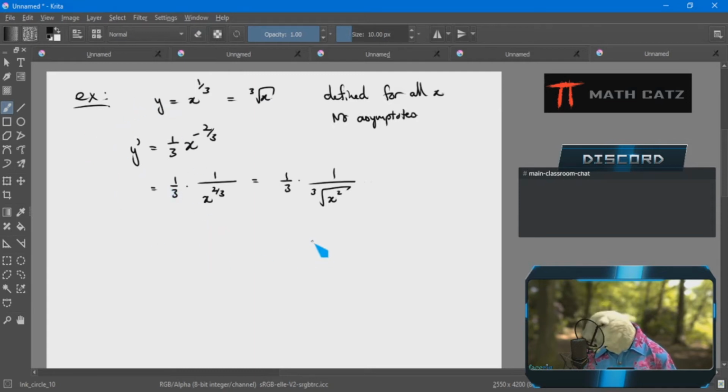I had a reason to clean this up because I need to now see, where is this function equal to 0? Where is this function, the derivative, undefined? So there's no benefit right now to make the fraction power of x function complicated. Let's just look at a simple one that we can quickly do. Where is this derivative equal to 0?